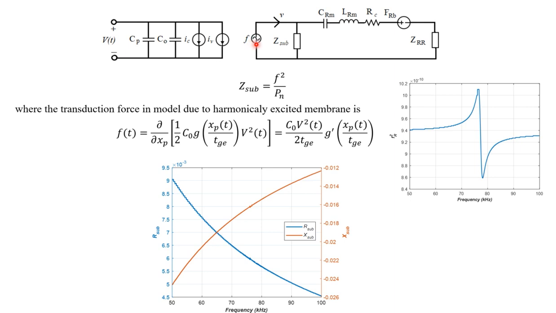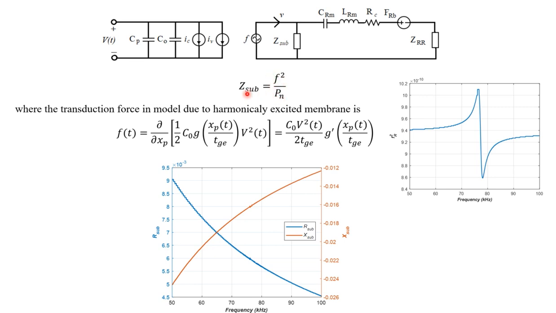Then the Z substrate, if you have the power and you know the transduction force, then Z substrate, to be consistent with the circuit convention, can be expressed as the square of the transduction force divided by the power, right? Because the acoustic analogy of a voltage source on a mechanical section is the force, and force squared is just like volts squared.